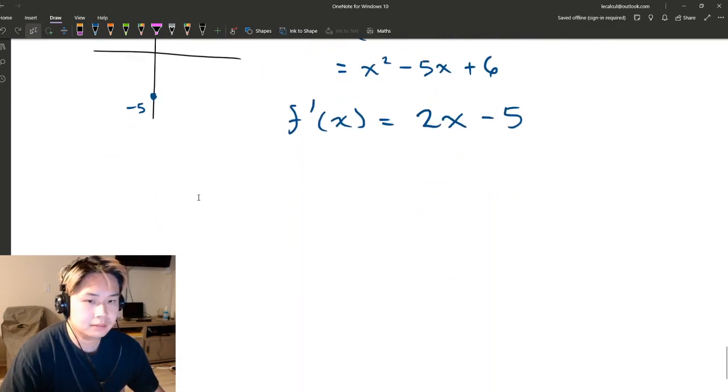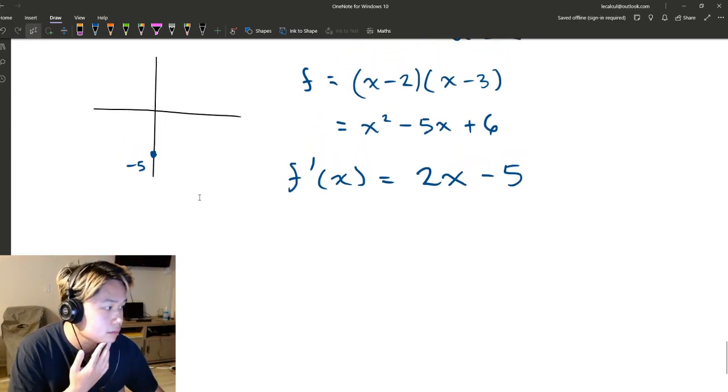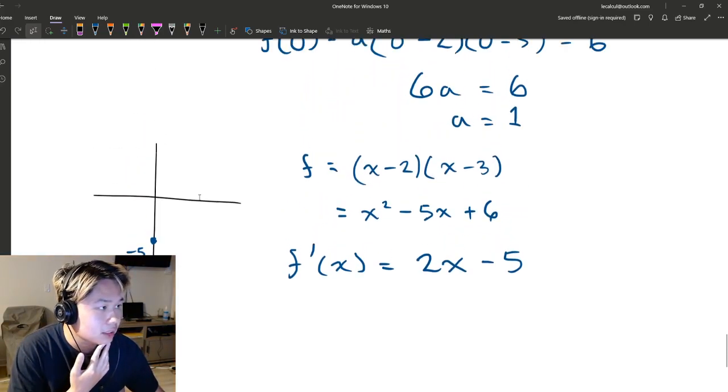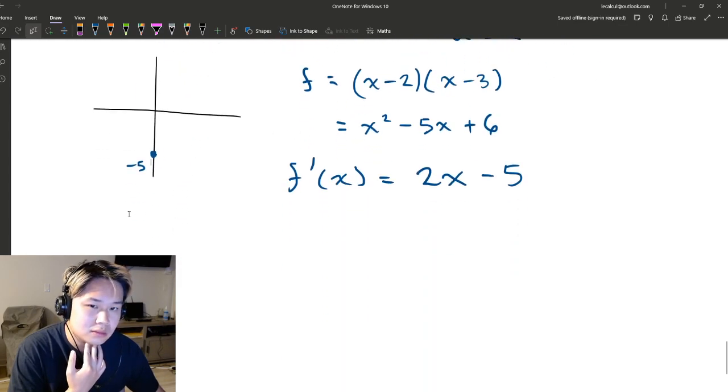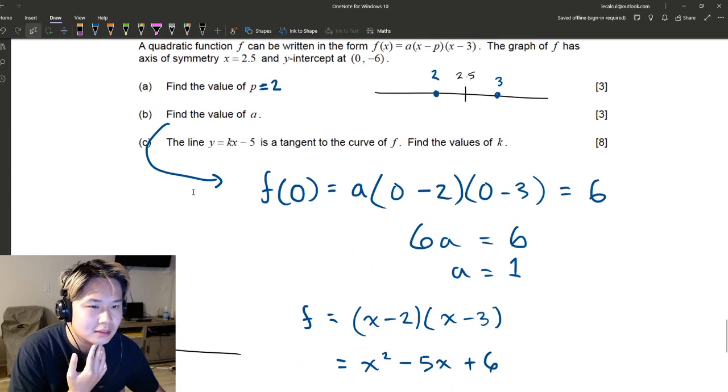So hold on, let me just reason this out a little bit more. This line is tangent to this curve, yeah? Find the values of k. You have a y-intercept at 0 and -6. How does that make any sense?